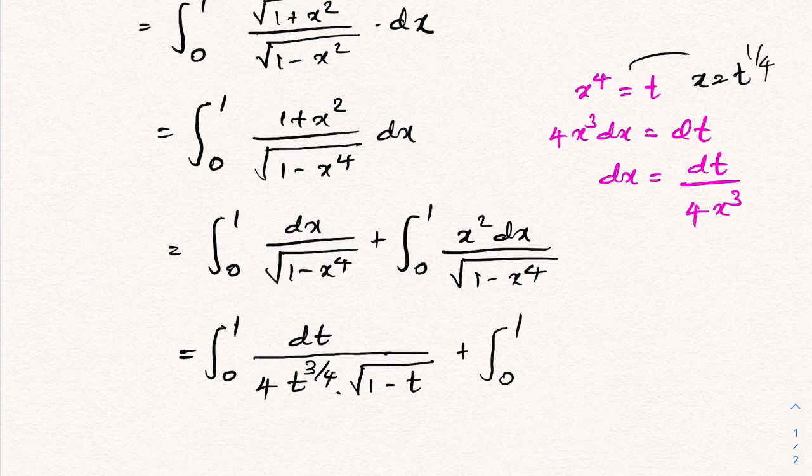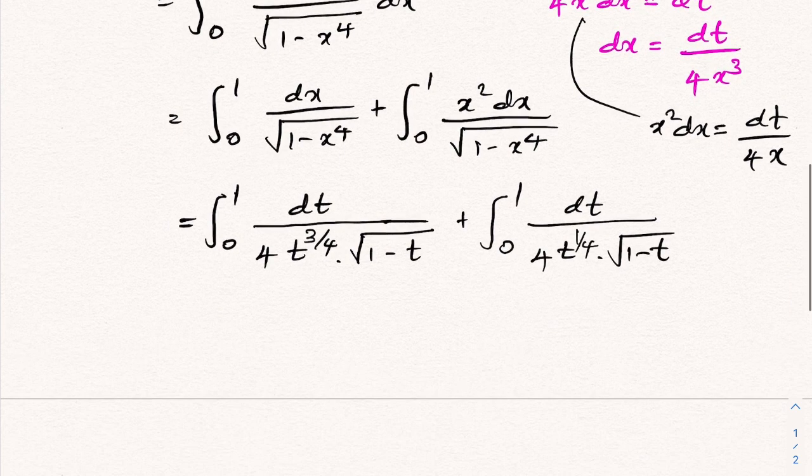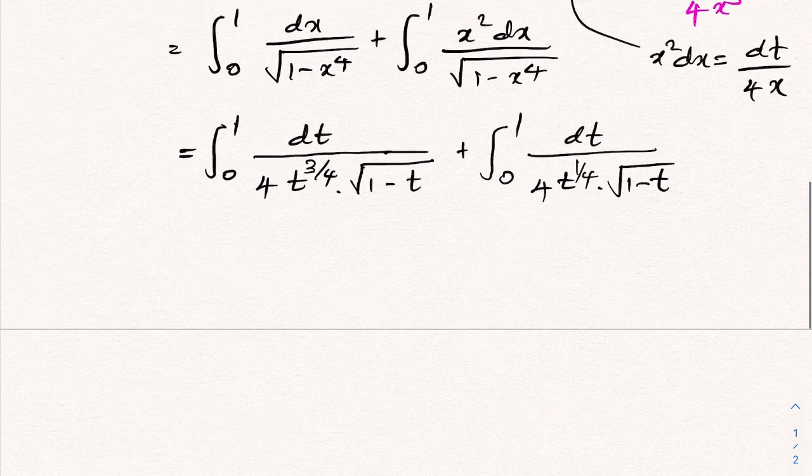Now x square dx is equal to dt over 4 times x. So we have dt over 4 times x, and we know x is t to the 1 over 4. So t to the 1 over 4 is the square root of 1 minus t. Then we can also write this as the integral from 0 to 1.